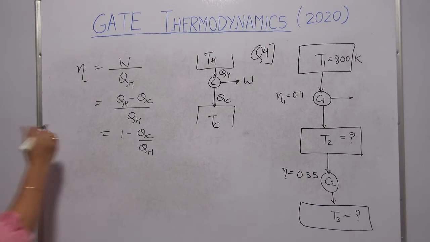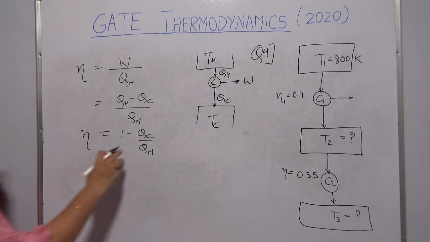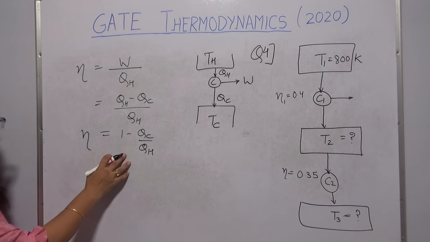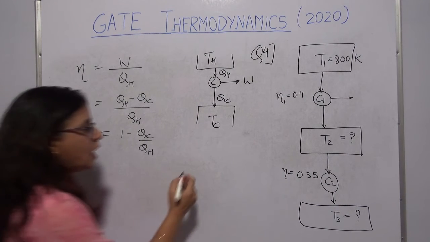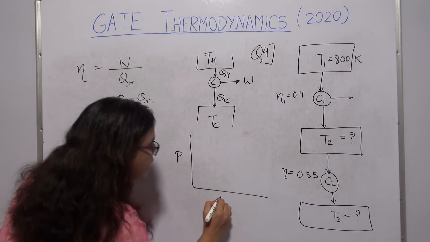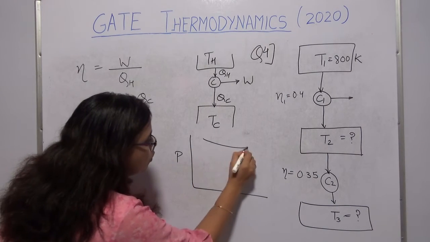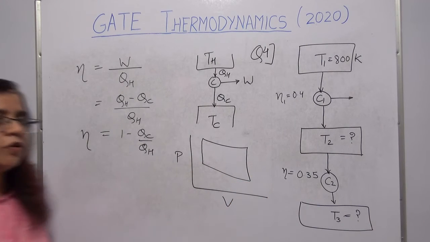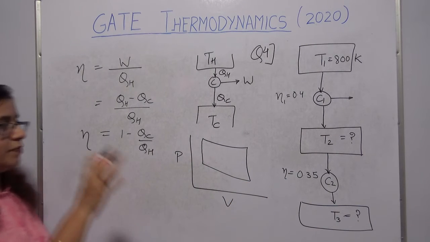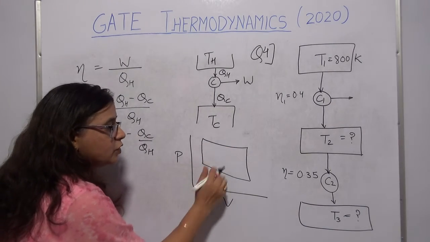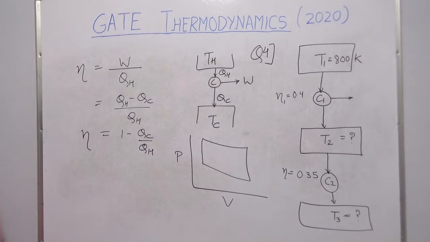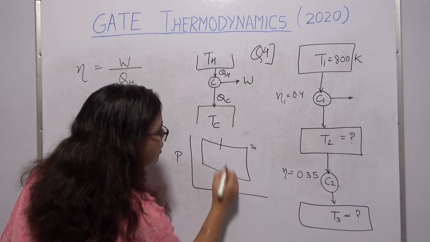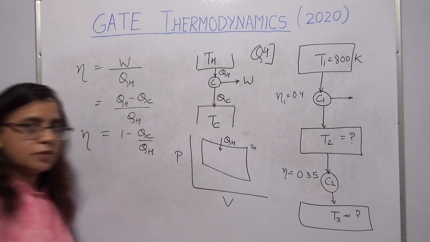Now your efficiency is given in terms of the heats which are extracted from and rejected to the two reservoirs respectively. You all know the Carnot cycle on a PV diagram: it is two isotherms connected by two adiabats, and all four are reversible processes. The higher temperature isotherm is at TH, and it absorbs QH amount of heat.